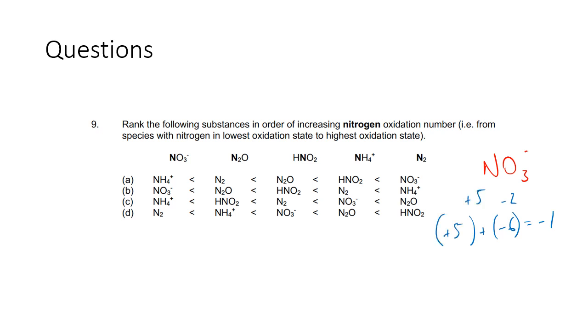So this nitrogen here is +5. The next one, dinitrogen oxide, N2O. O is -2.